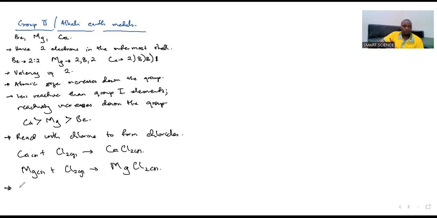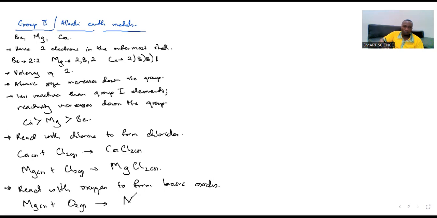React with oxygen to form what we call basic oxides, mainly to form basic oxides. For example, if I have magnesium reacting with oxygen gas, I'll form magnesium oxide.